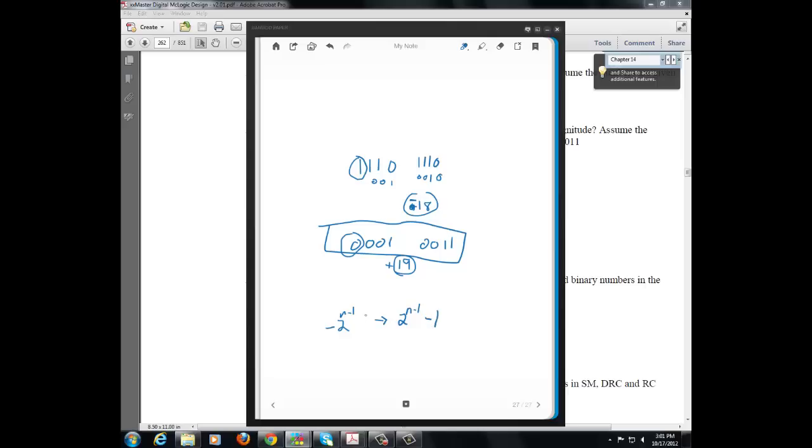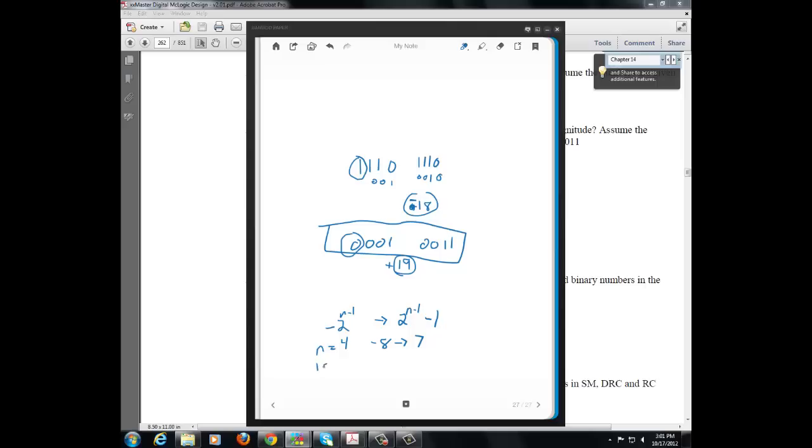So look at that. We were able to represent one more negative number than positive number. Let's take the case where n equals 4. We can represent the numbers negative 8 to positive 7, whereas before you notice we could represent only negative 7 to positive 7.